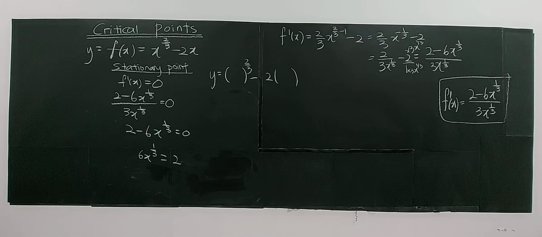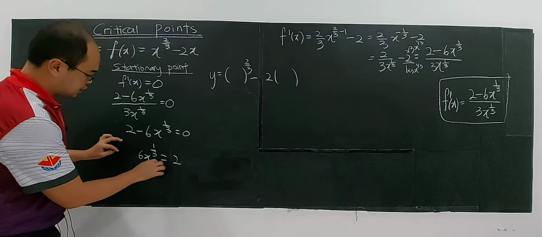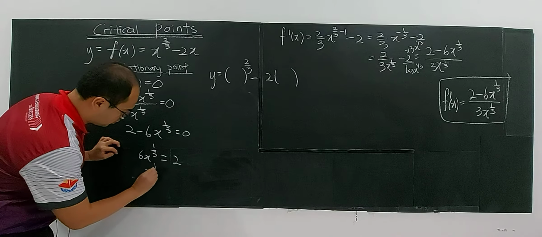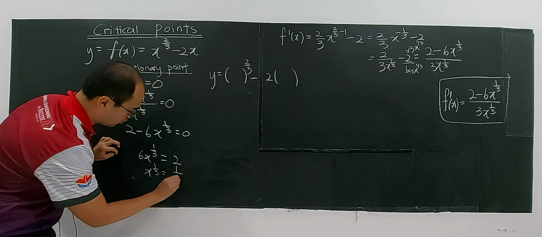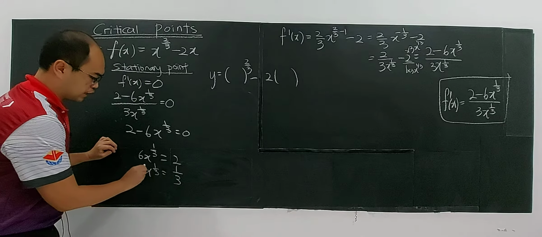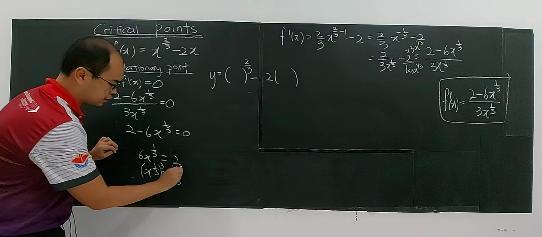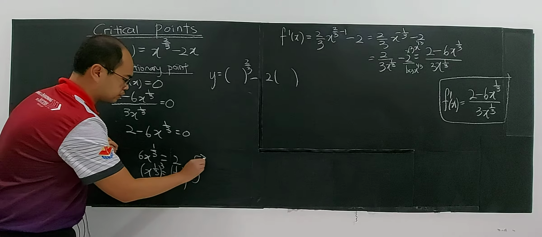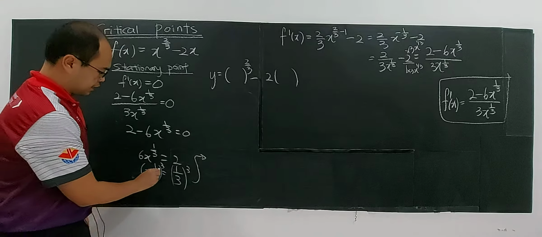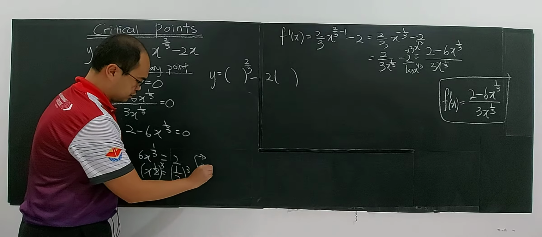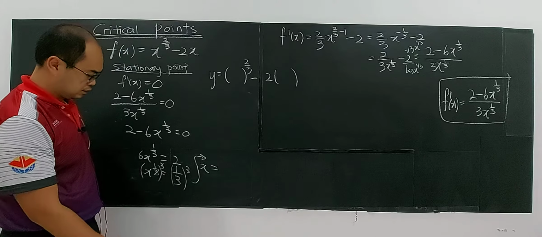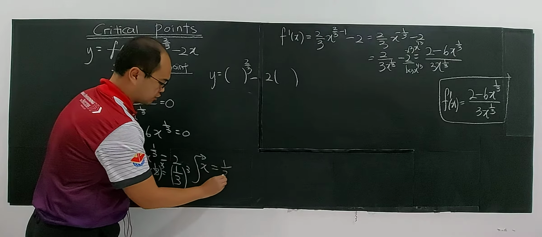Okay, let's redo this. So x to the power 1 over 3 will be equal to 1 over 3, right? You want to find the value of x, so you have to cube both sides. Just now I made a mistake. So I cube both sides, then I can get x. The critical number will be 1 over 27.